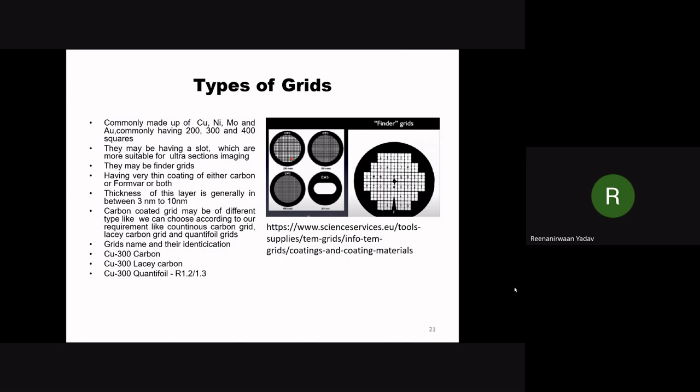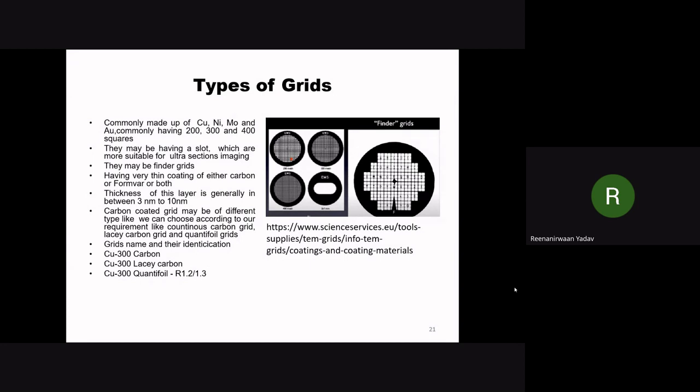Suppose we want to purchase a grid for our use. So this kind of thing is written on it. Copper 300 carbon means the framework is made up of copper having 300 meshes or squares in it, and having a layer of continuous carbon over it.